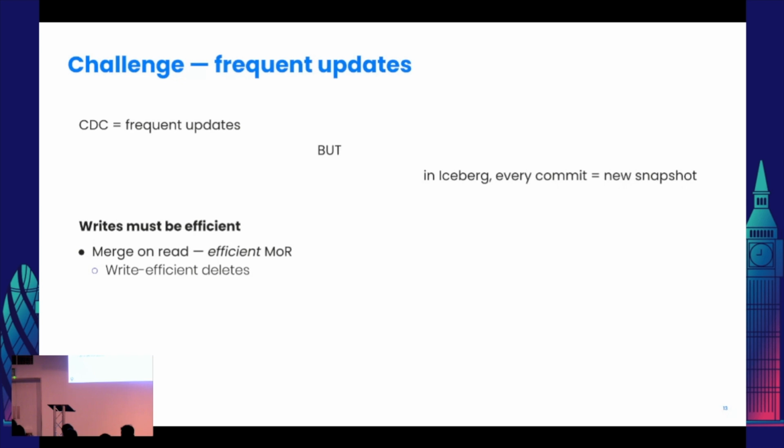In Iceberg, as JB went over regarding the architecture, every commit has to be a new snapshot to keep track of the table's state. That means the writes have to be very efficient. When the engine doing the change data capture is writing the data in, it should do it very quickly because new changes are constantly coming.